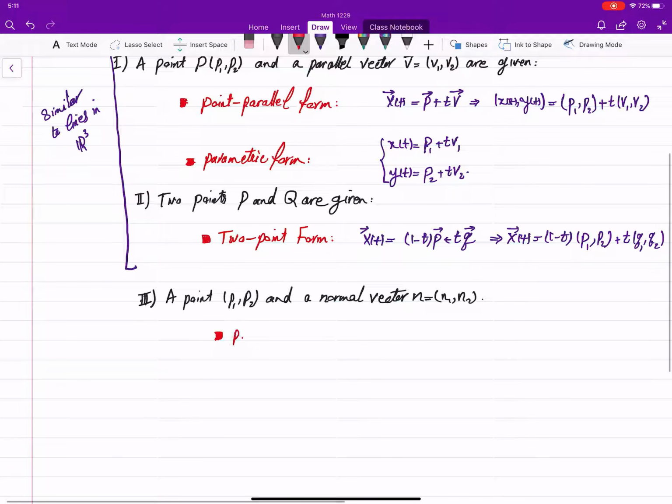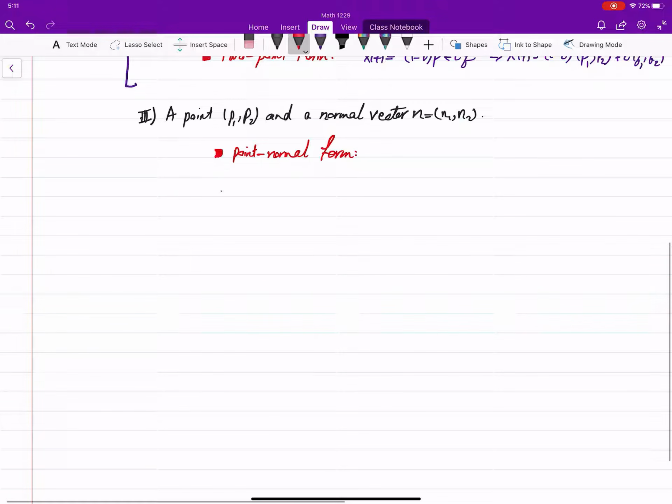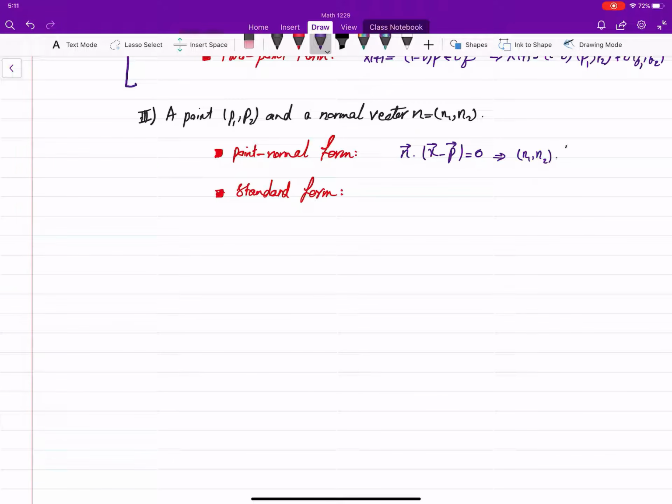So in that case, we have point normal form, and also standard form. Point normal form was n dot (x minus p) equals 0. It is exactly the same thing with one difference, that here we have only two components and x is just (x, y), so n dot ((x, y) minus (p1, p2)) equals 0.